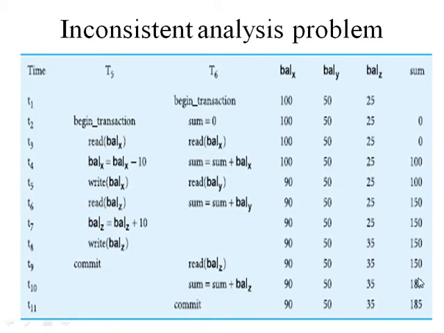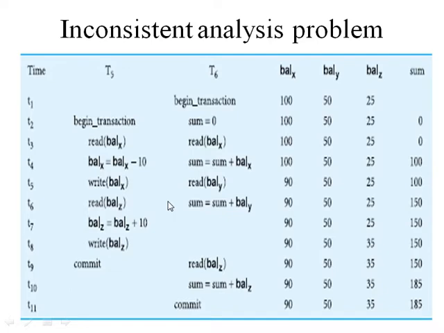We got the wrong result, 185 rupees. So this is a problem we are facing, called the inconsistent analysis problem.